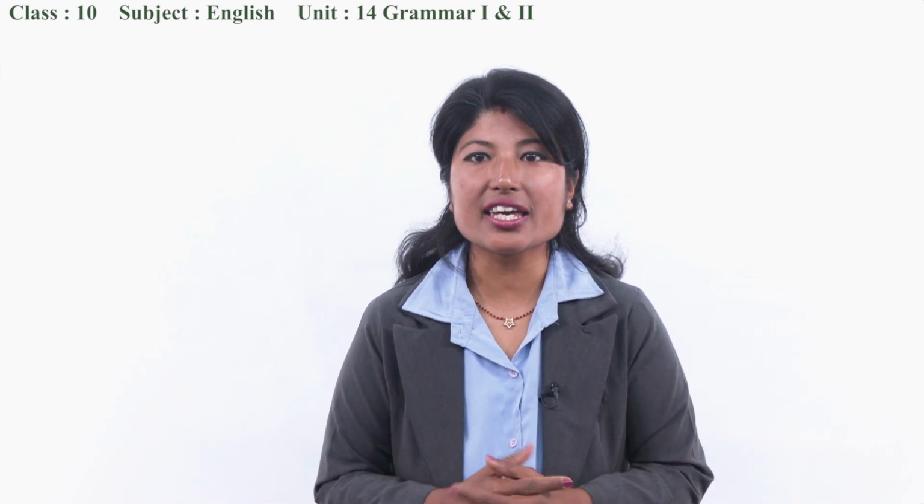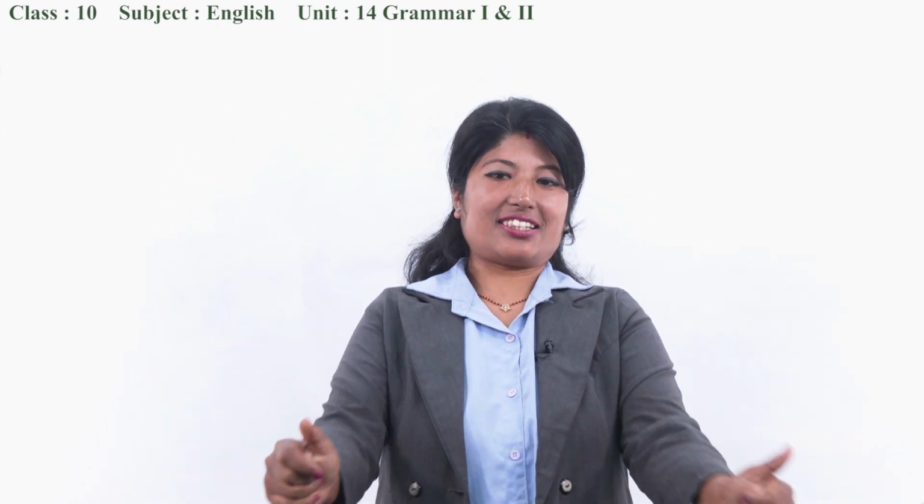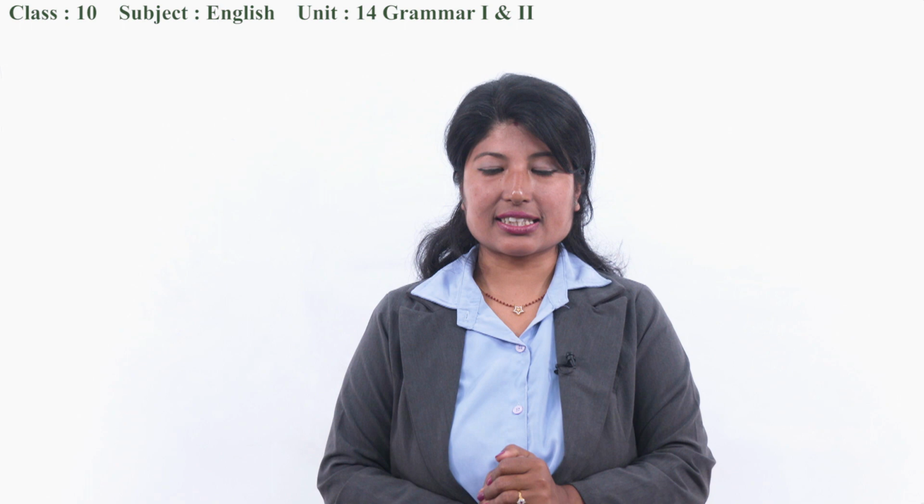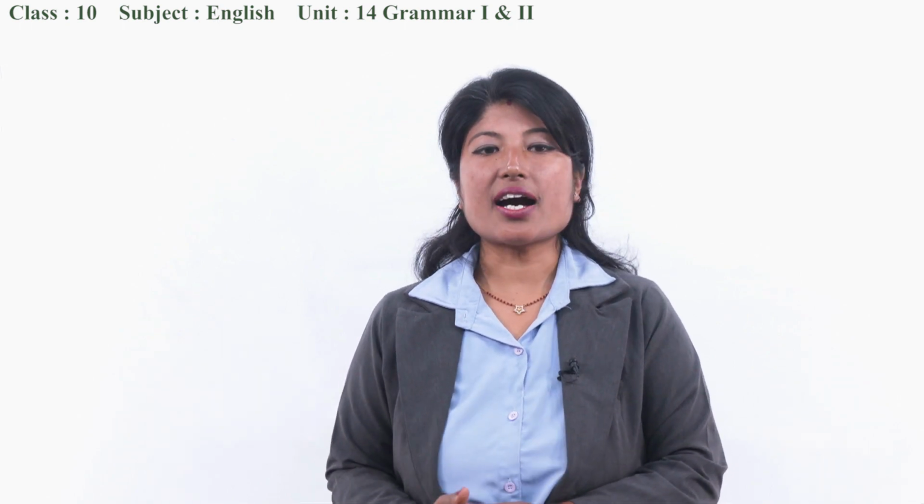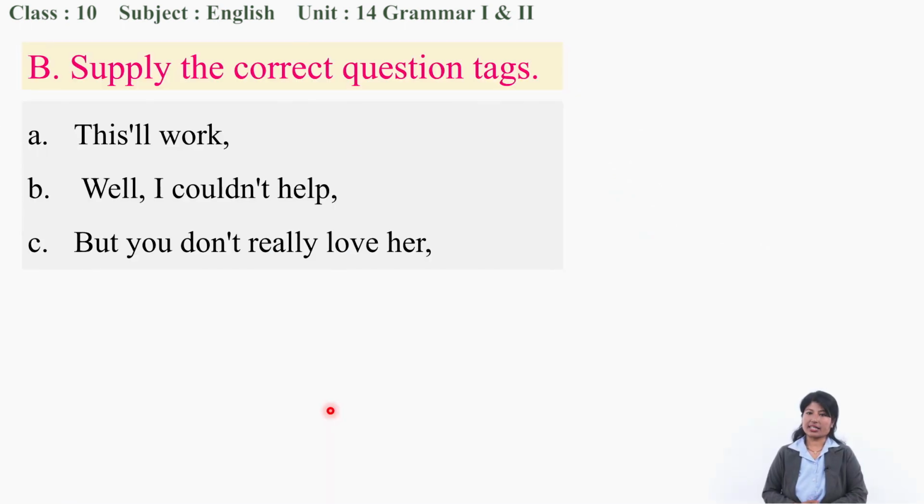Are you ready? Well then. Okay, yes, let's start. B, supplying the correct question tags. Okay, first of all, we will supply the correct tags. Then also we will talk about why we have supplied them, why these tags are matched with the statements. We will talk about it as well.